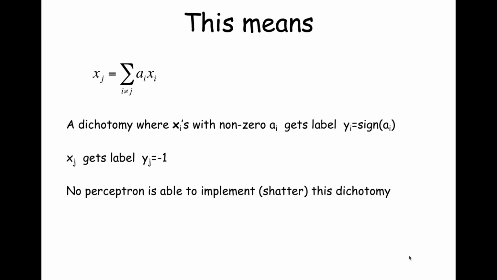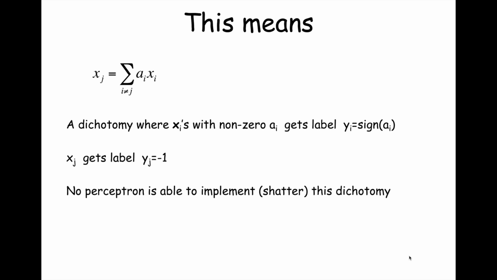Okay. So that gives us a +1, -1 labeling for each one of these xi's that contribute to a synthesized xj. Now for the xj, we're just going to fix its label to be -1, okay, in this scheme.